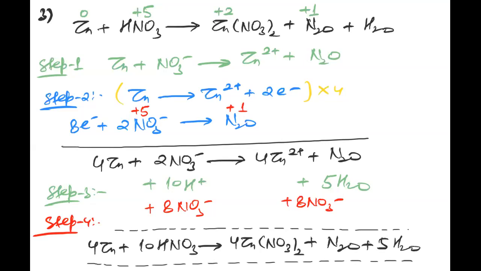So 4 zinc plus 10 HNO3 is converting to 4 zinc nitrate plus N2O plus 5 H2O. If you see the overall balanced reaction, it is 4 zinc plus 10 HNO3 converting to 4 zinc nitrate plus N2O plus 5 H2O.